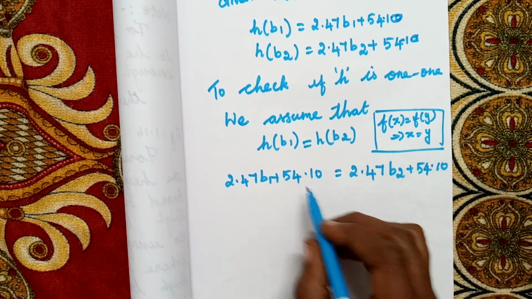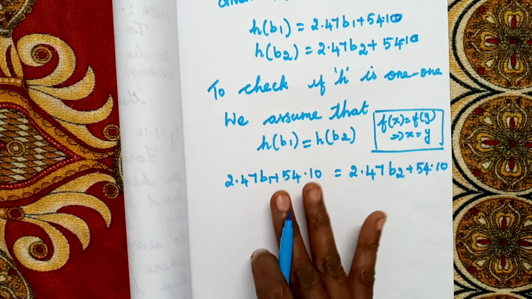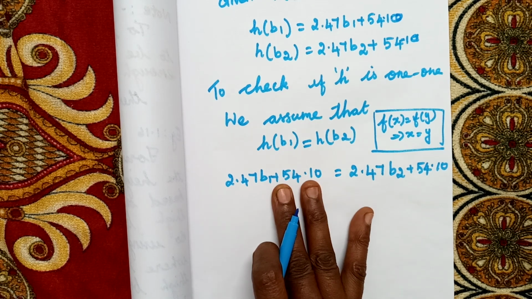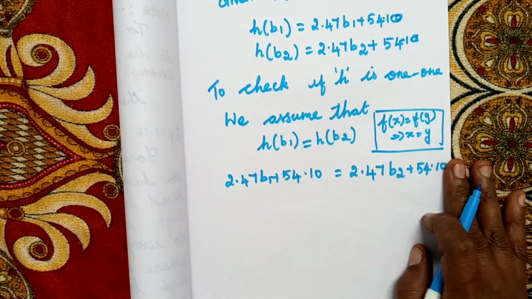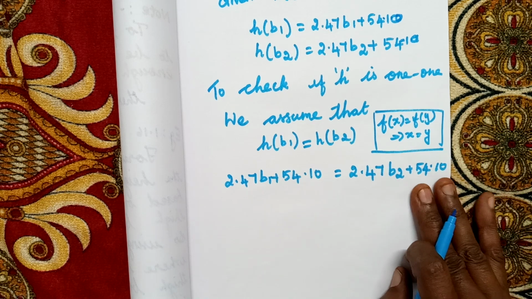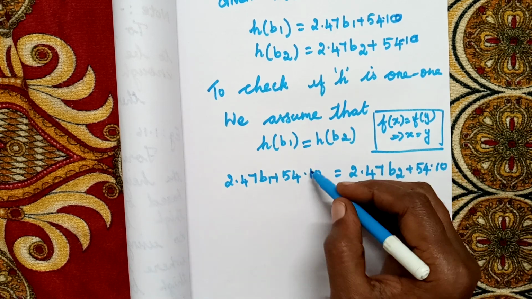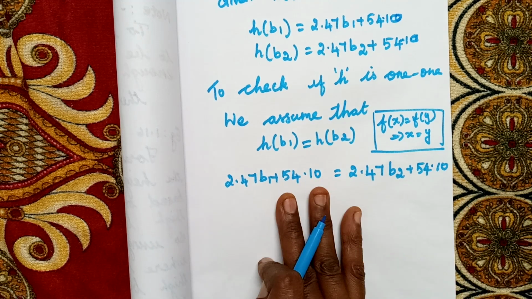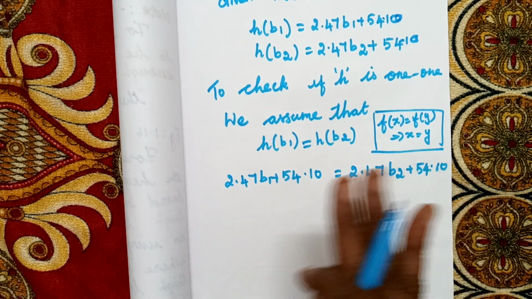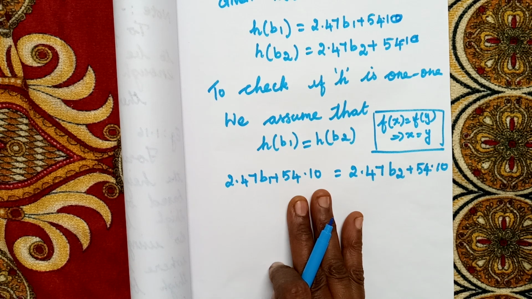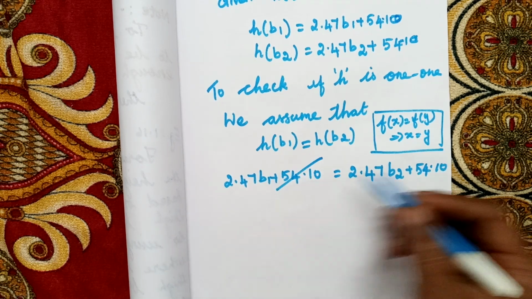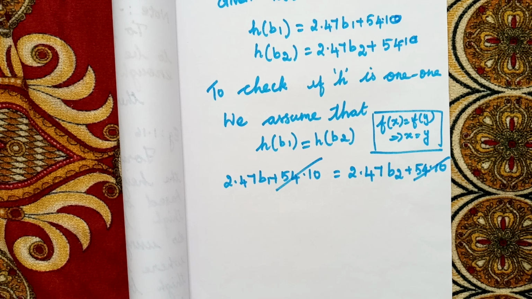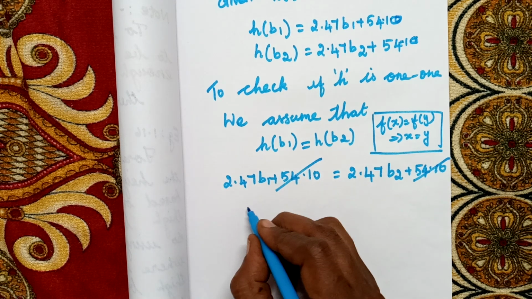Now 54.10 on the left hand side and also 54.10 on the right hand side; if we subtract 54.10 from both sides, it will be cancelled.